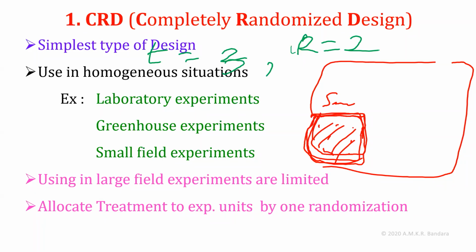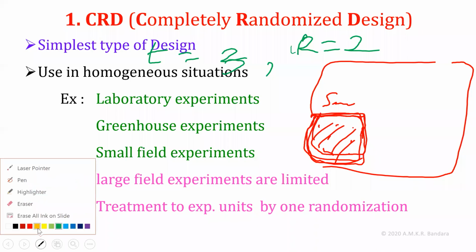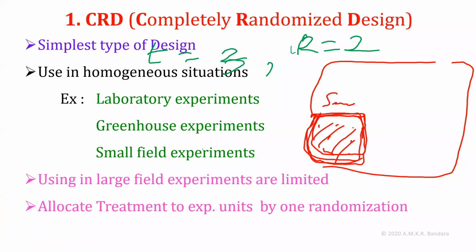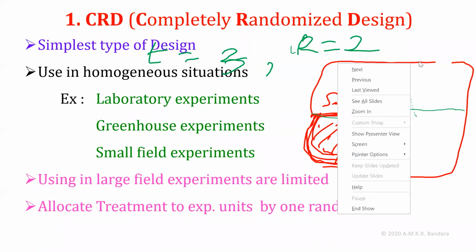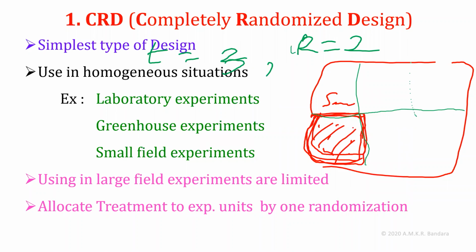Then altogether we need 6 experimental units. Then we have to divide our experimental area, or experimental material, into 6 groups. Now we have 6 plots, say, and we need to apply these treatments to these 6 plots randomly.